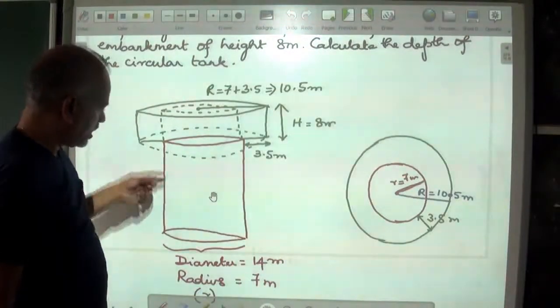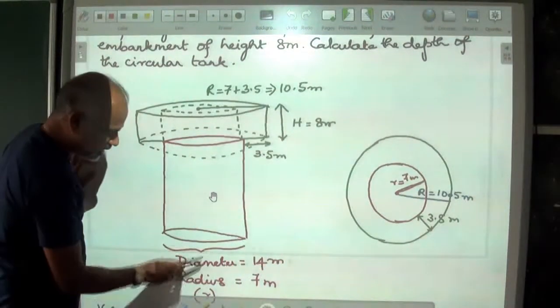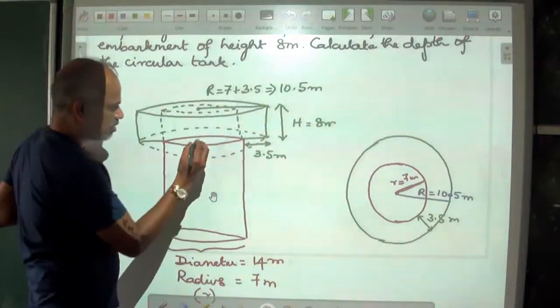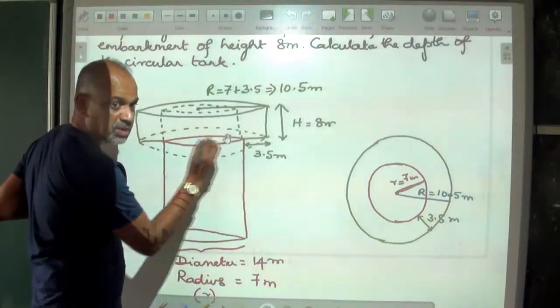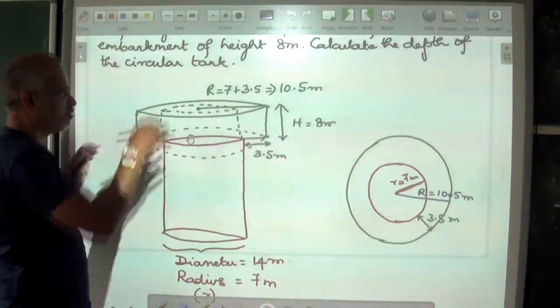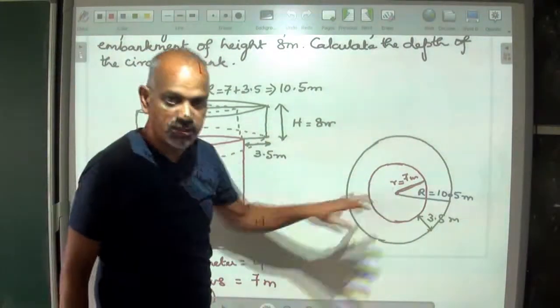Now, you know the radius of this is 7 meter, which means from here to here is also 7 meter. Now if you look from top, this is what you will see.